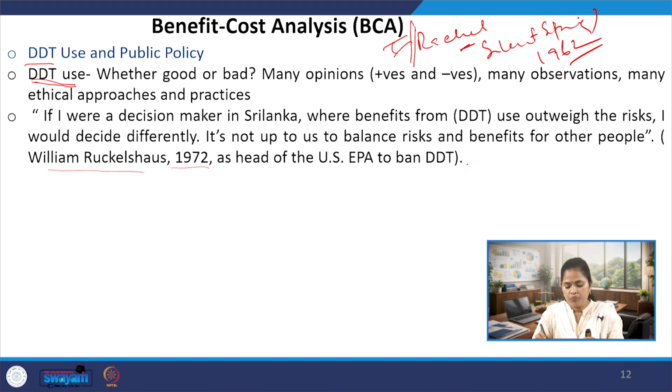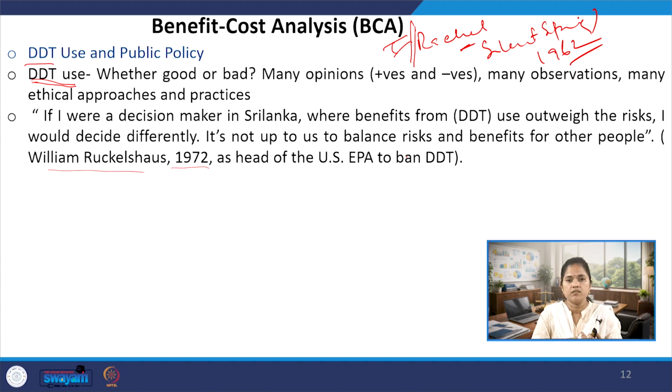But in the USA there was pressure to ban DDT, while for the rest of the world there were different repercussions, right? There were negative repercussions, I would say, because if DDT is not going to be used, then there are other repercussions, like malaria occurrences increased at that point of time.